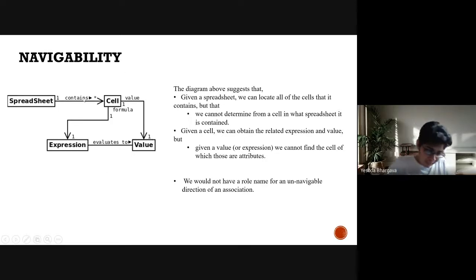That is the basic idea of navigability. Normally you will not find navigability much in class diagrams, but it provides one level deeper detail into the class diagram. For our lab, we may not go into the navigability aspect, just to understand on a broader level how to create class diagrams in a very basic manner.